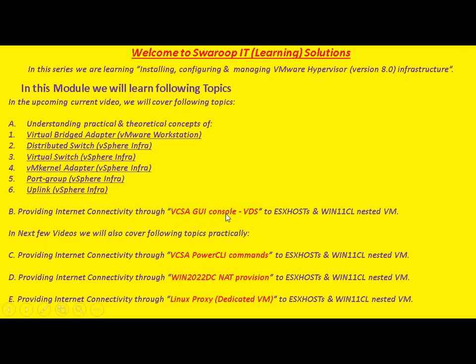First way, VCSA GUI console. Second way, VCSA PowerCLI commands. Third way is Windows 2022 DC NAT provision, and fourth way, your Linux proxy. All 4 options we will see one by one, in different dedicated videos. I hope I am clear up to this point.